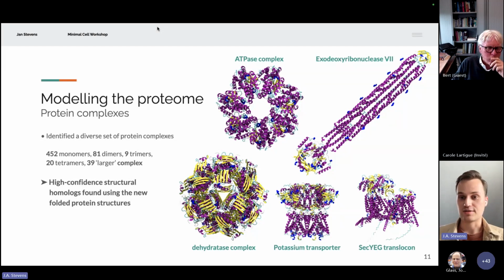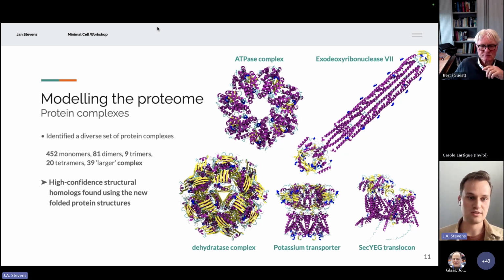A nice side quest or side tangent that came out of this project is that these new multimeric structures can be used to predict possible functions of uncharacterized genes. So if we predict multimeric structures of these uncharacterized genes using structural homology searches, we can then map possible functions onto them.